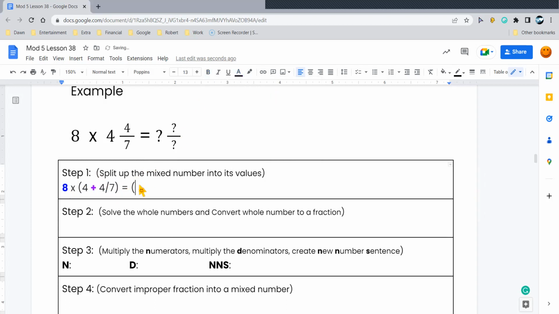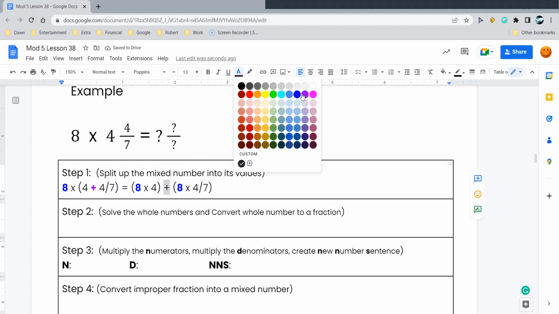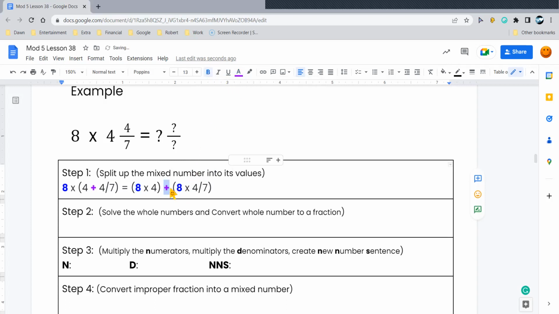So here I'm going to do 8 times 4 plus 8 times 4/7. This 8 is what we find most important because you need to see it's being distributed to both numbers. And you need to see this plus sign we have over here.